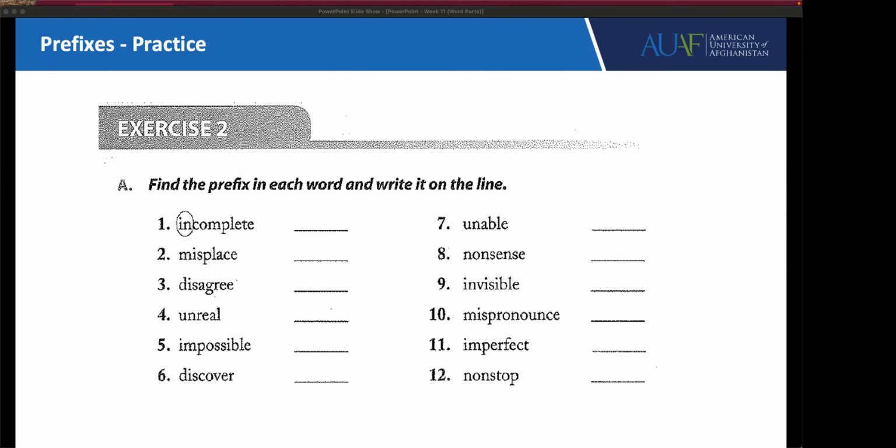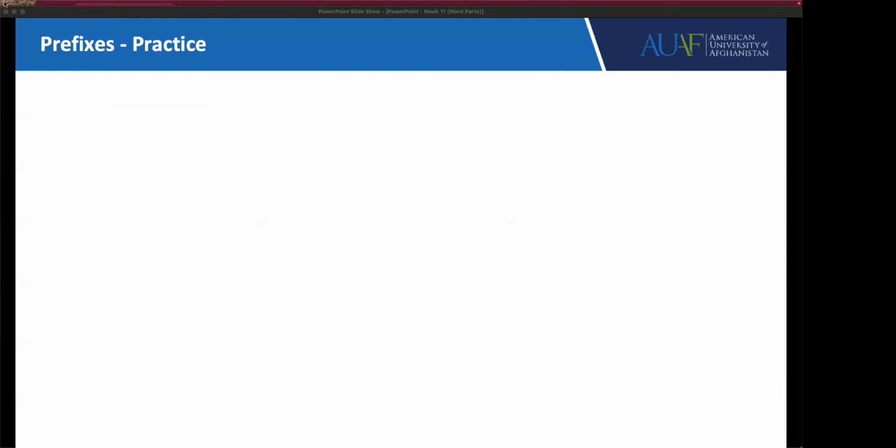Number 11, imperfect. Im is the prefix. Good. And number 12, Masoma? Go ahead. Number 12, nonstop. The prefix is non. Yeah, non. Very good.